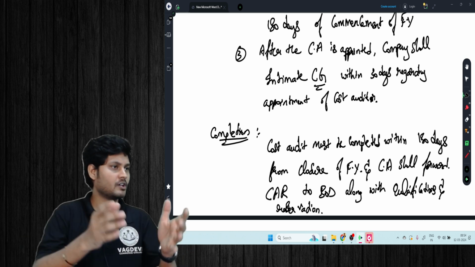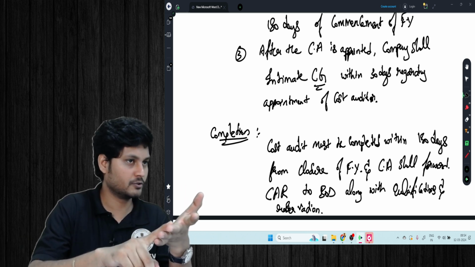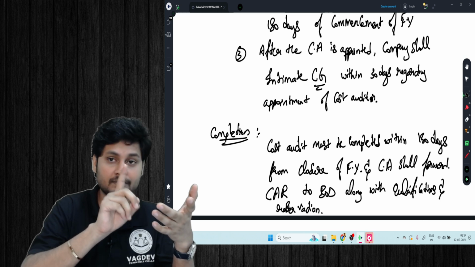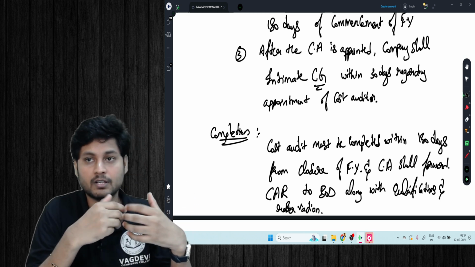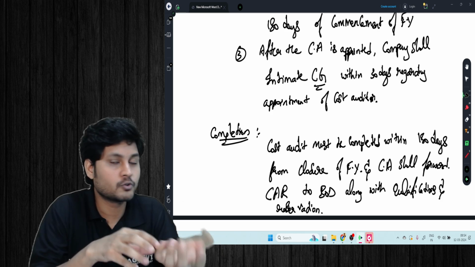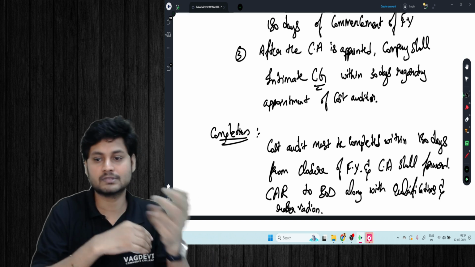So they appointed one auditor and he got removed or resigned or faced death. In the event of these three things, casual vacancy arises, and in the place of removed auditor, the new auditor should be appointed. Who should appoint the new auditor? Again, board of directors.